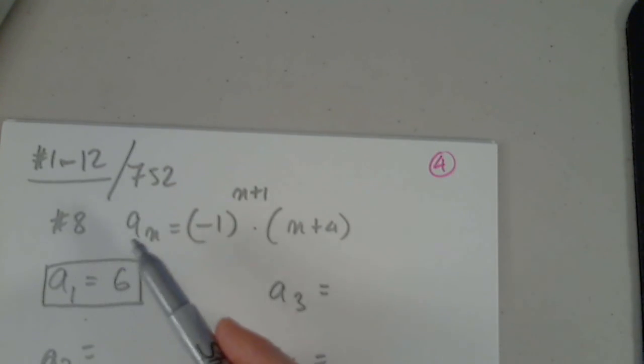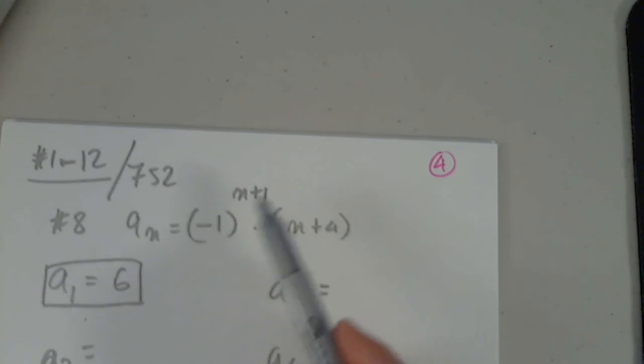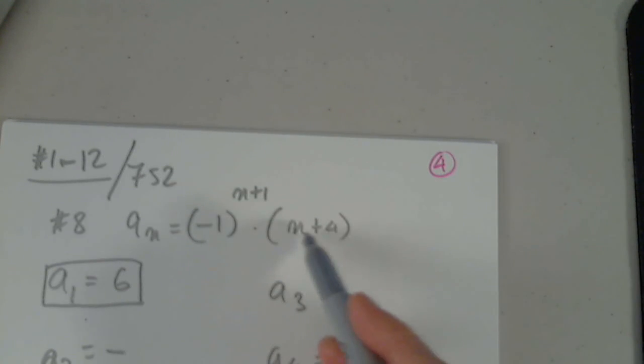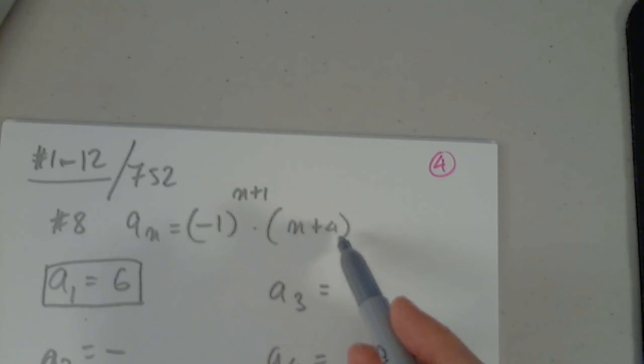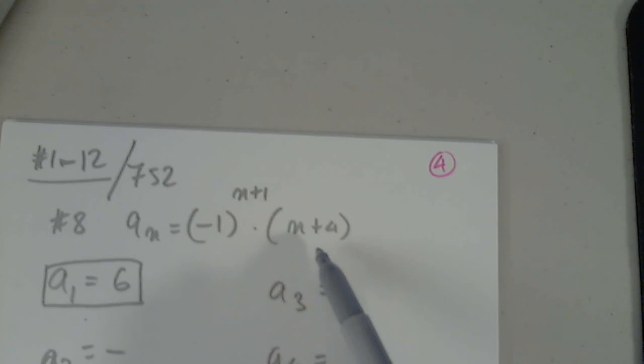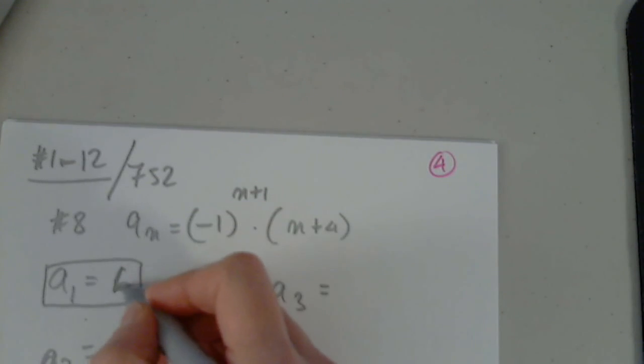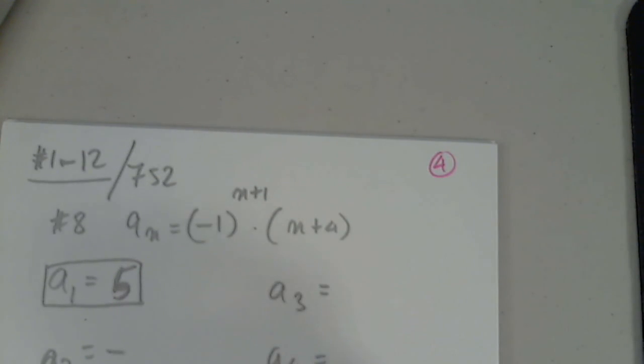A sub 2, when n is 2. 2 plus 1 is 3, but negative 1 to the third power is negative. Sorry about that. 2 plus 4 is 6.